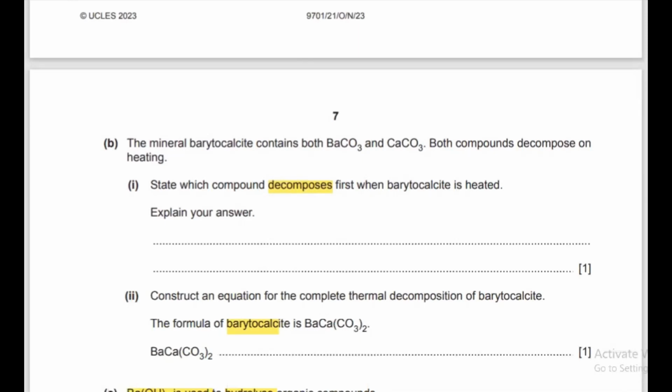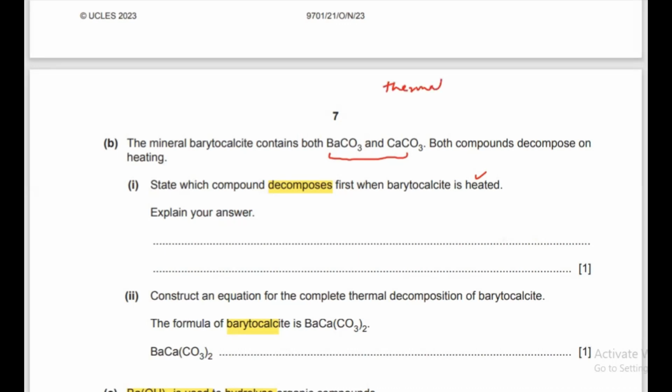Now there is another question. State which compound decomposes first when this is heated. This contains two carbonates, barium carbonate and calcium carbonate. So he's talking about the thermal stability of group 2 carbonates.